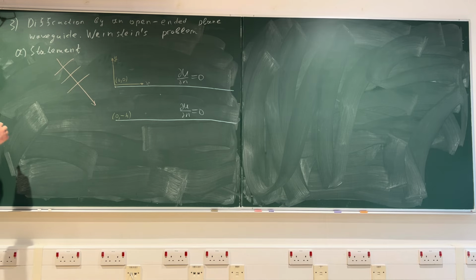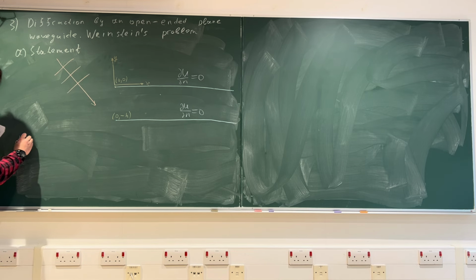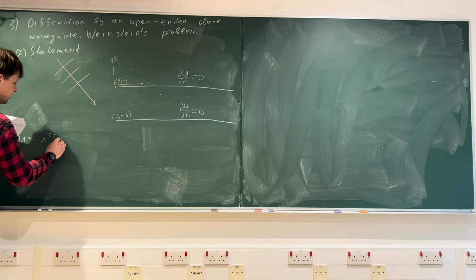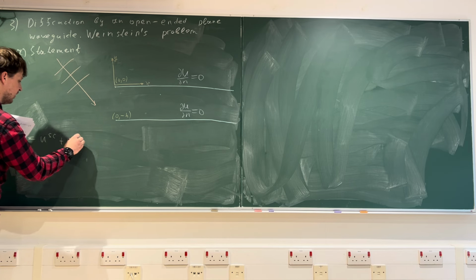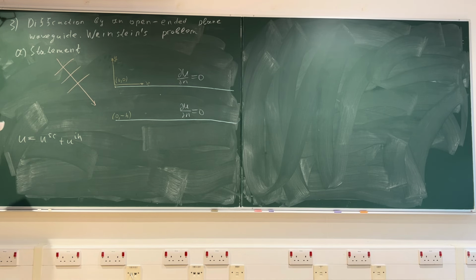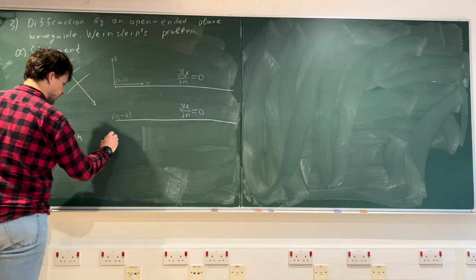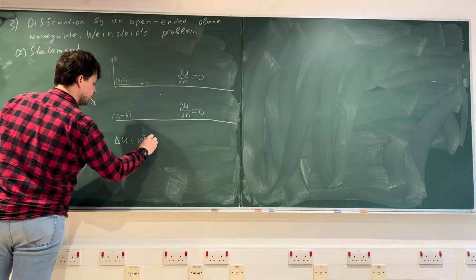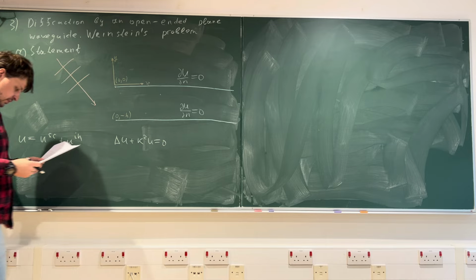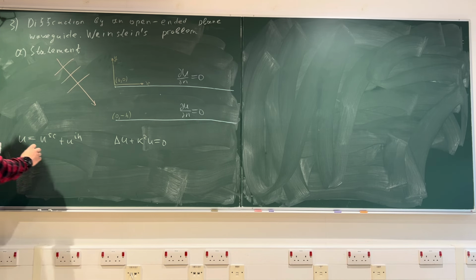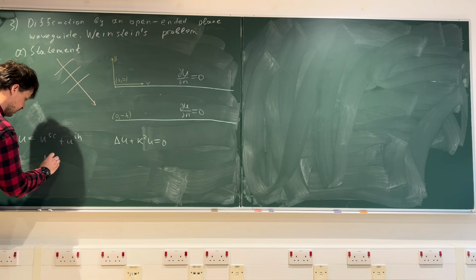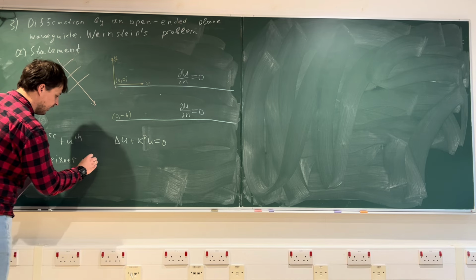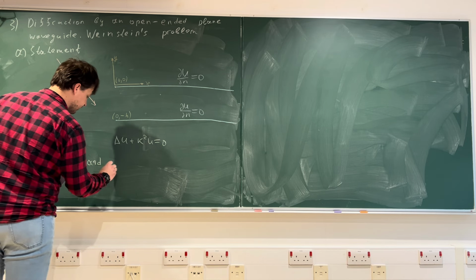As we said, we have an incident wave, so our field is presented as a sum of the scattered and incident wave. Then it should satisfy the Helmholtz equation, and we have boundary conditions and the radiation condition.